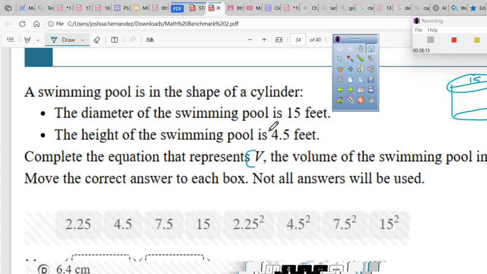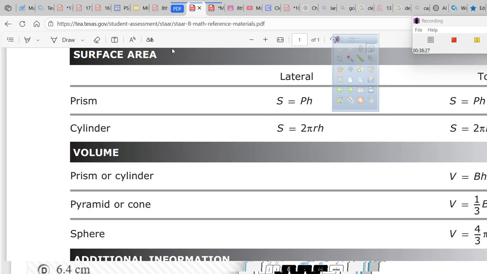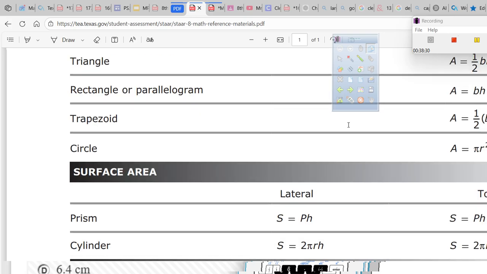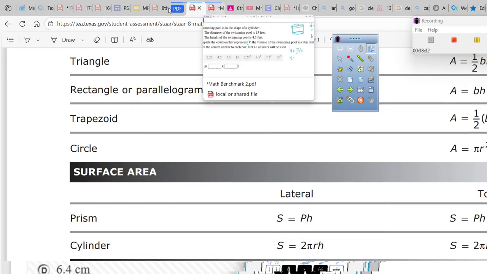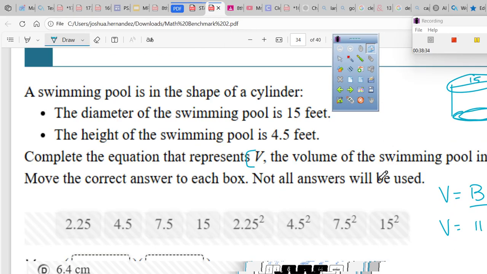Let's see what the question is. Volume. They just want you to set this up. So volume is equal to what? Base times height. Volume is equal to the area of the circle. Area of a circle is pi r squared. So this becomes pi r squared times your height.